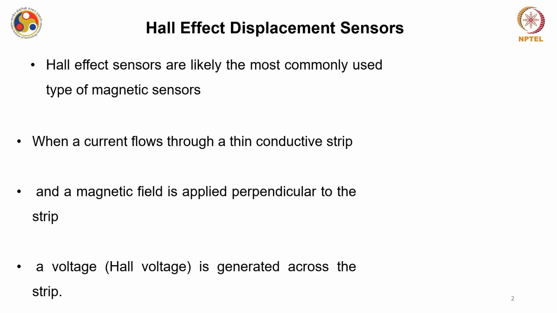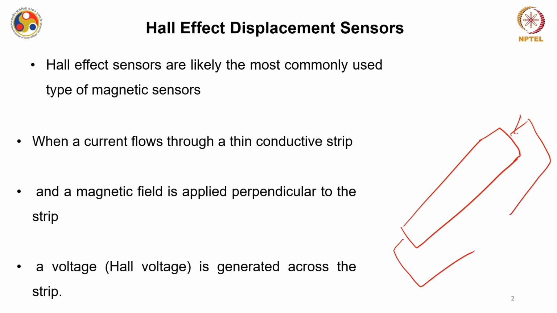What happens is that when a current flows through a thin conductive strip, mostly semiconductor, but it is also possible with metals, and a magnetic field is applied perpendicular to the strip, something like this, very similar to what we have seen in the Hall effect. You have a conducting strip and current is flowing into this strip by applying some voltage.